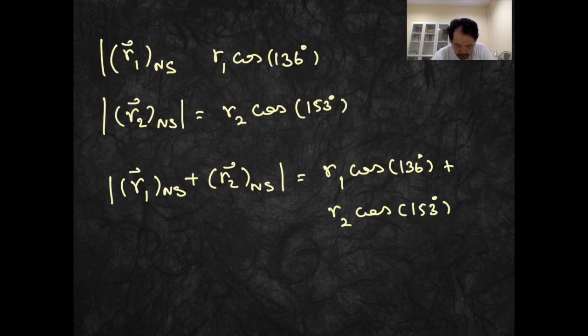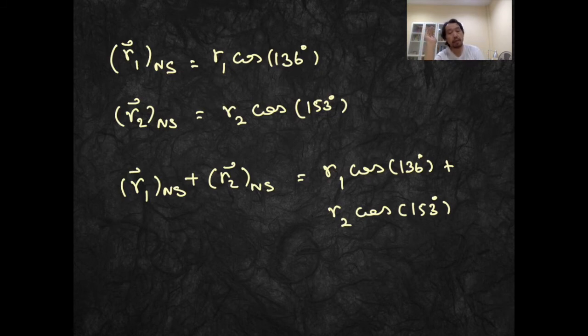I change this a little bit. That is, we may not need to write down the absolute here. Why do I ignore the absolute symbol? It is because here the component of R1 along the north-south axis and the component of R2 along the north-south axis point along the same line.